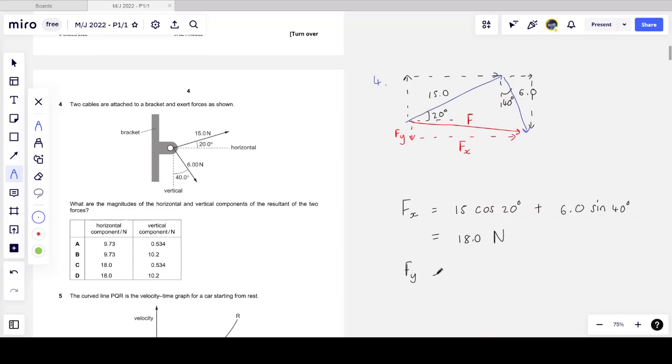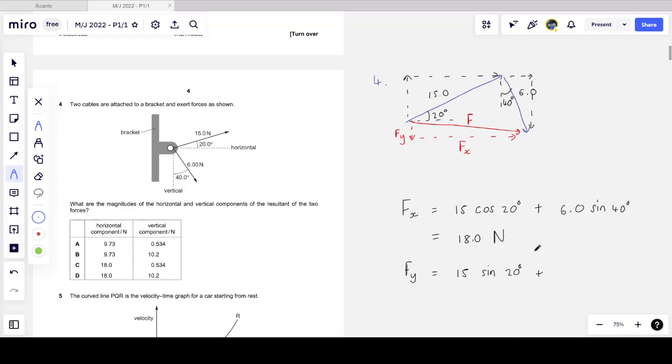Now, if I do the same for the y components, then all I do is replace sines and cosines. For the first 15 Newton force, I'm omitting the significant figures as I shouldn't do, but you will obviously include them when doing the calculation. So for the y component of the 15 Newton force, that's 15 sine 20 degrees, plus the y component for the 6 Newton force.